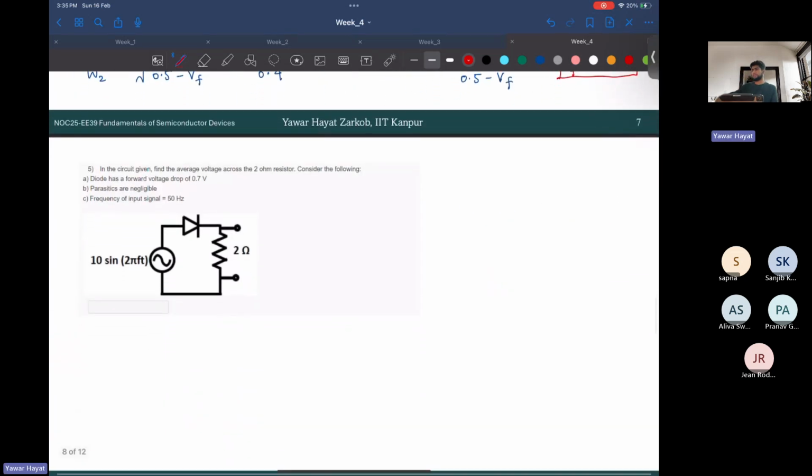Now let's see problem 5. In the given circuit, you need to find the average voltage across a 2 ohm resistor.